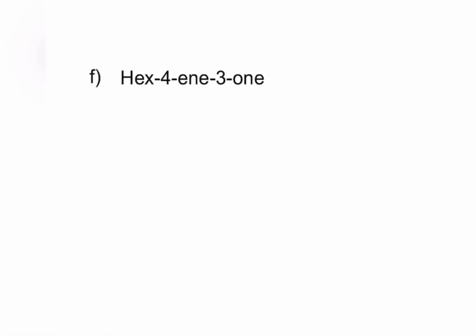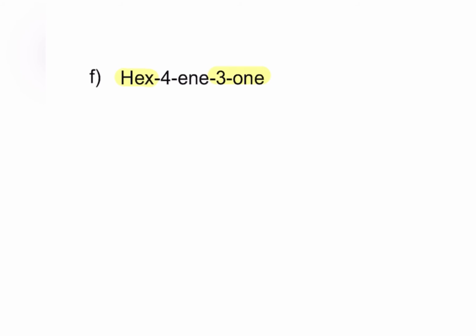Let's upgrade the question. So here I got hex-4-en-3-one. If you take a look carefully, this naming is quite different from the others. As you see here, you got hex as your parent, but it is a ketone with 6 carbon atoms.